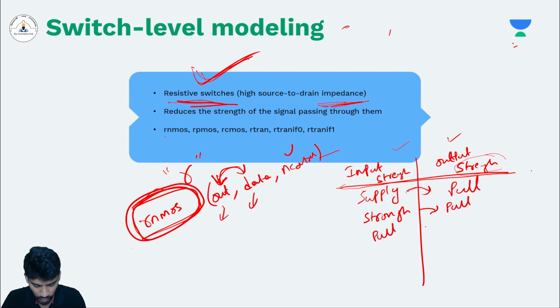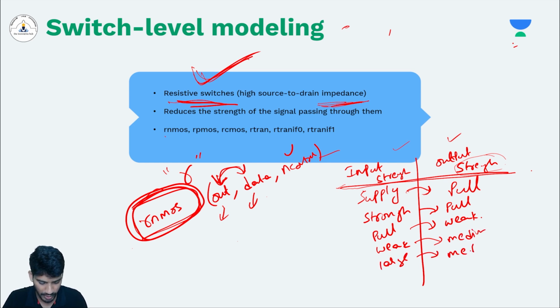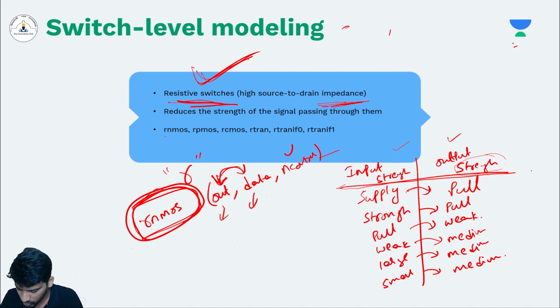If your strength is pull, then it will be reduced to weak. If the input side strength itself is weak, then it will be reduced to medium. Similarly, if it is large, then also it will reduce to medium. If it is small, same, it will be reduced to medium strength. Similarly, if it is medium, then it will be reduced to small. The order is like this.